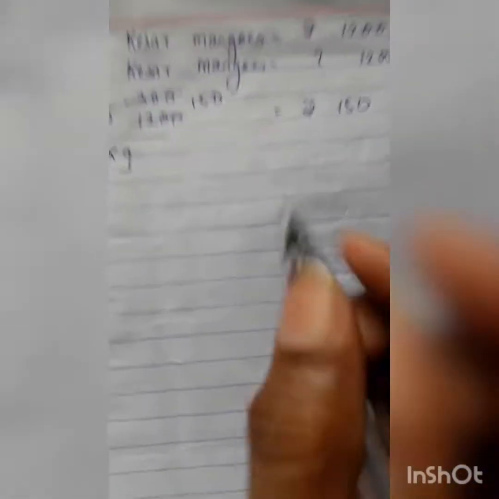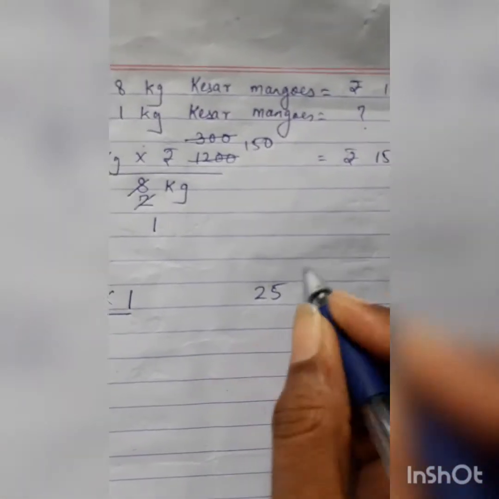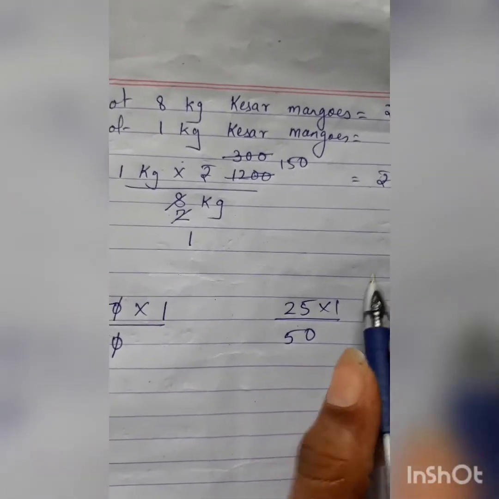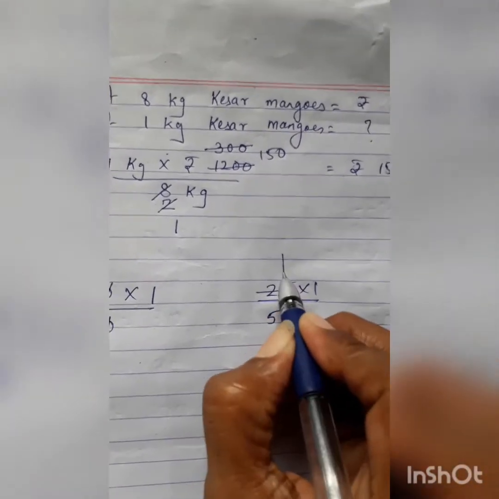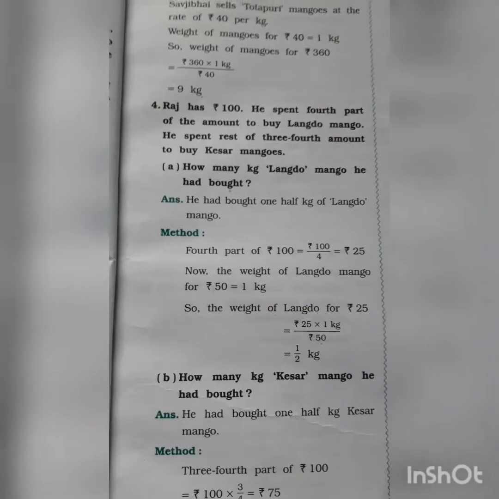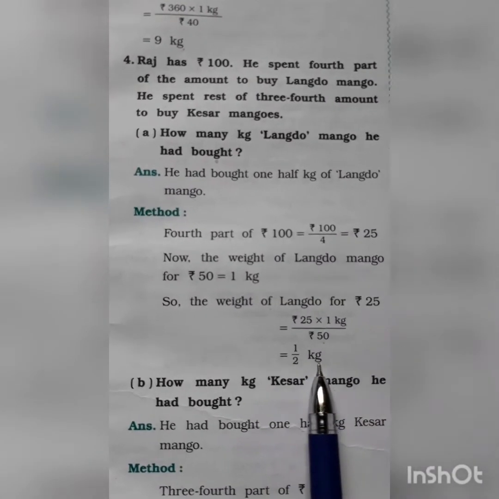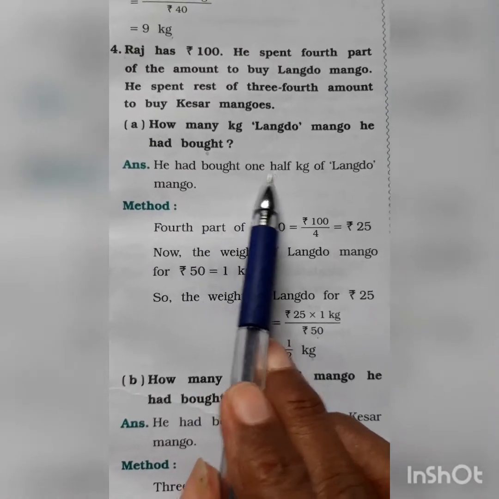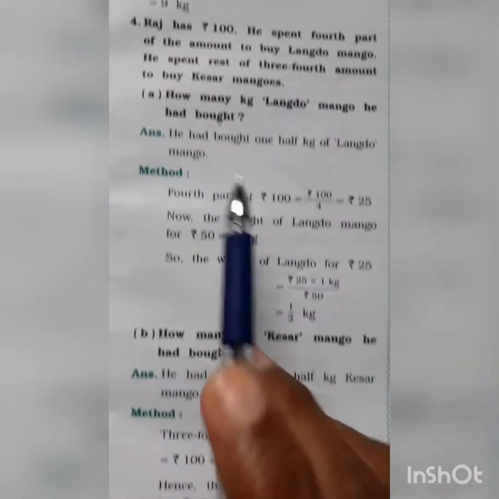Now see here. What was there? 25 into 1 divided by 50. Okay. Now 25 1s are 25, 25 2s are 50. So 1 by 2. Yeah, 1 upon 2. So half kg. Is it clear? So he bought 1/2, that is half kg of Langro mango.